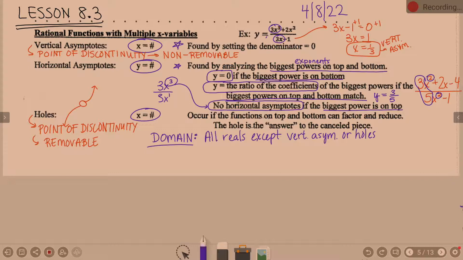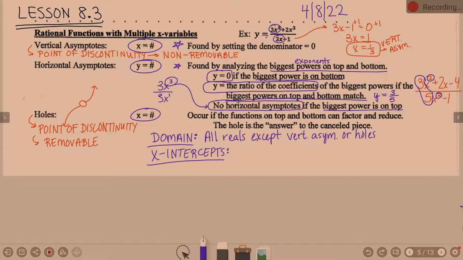We're also going to talk about x-intercepts. X-intercepts, so where a graph crosses the x-axis. And traditionally we say, okay, in order to find an x-intercept, you put 0 in for y.